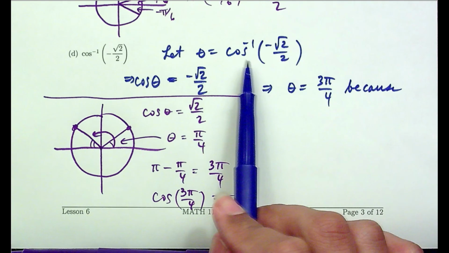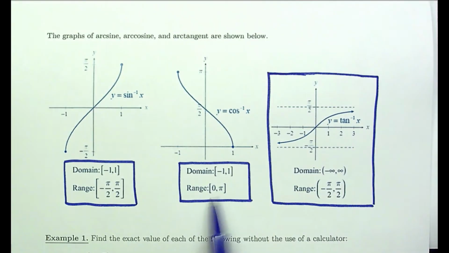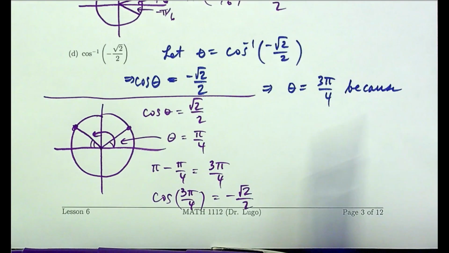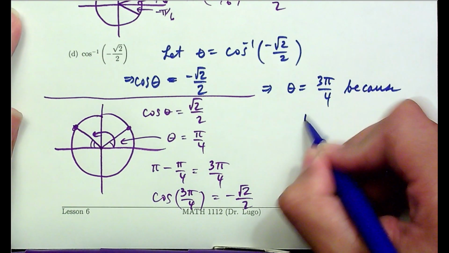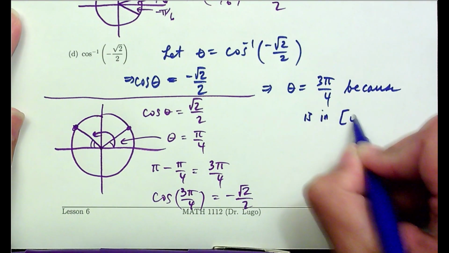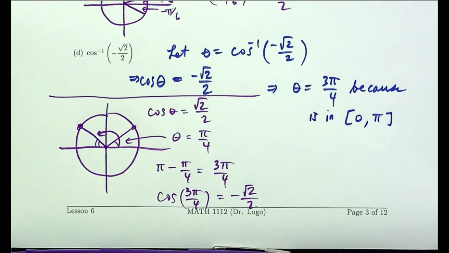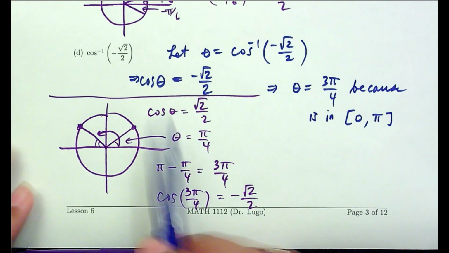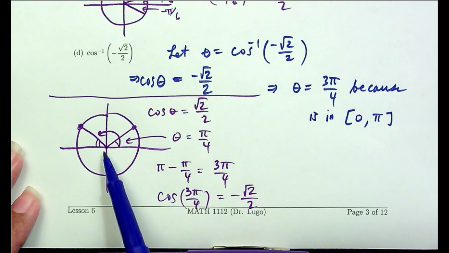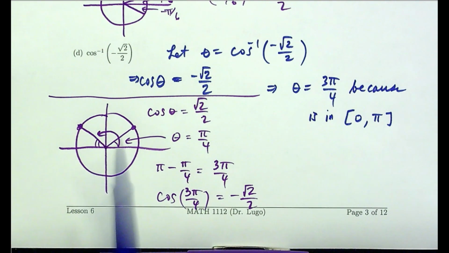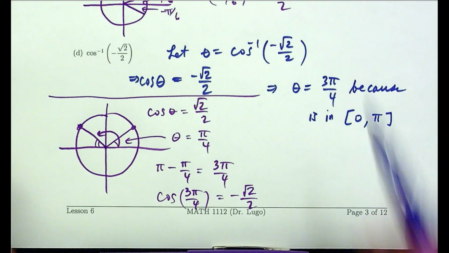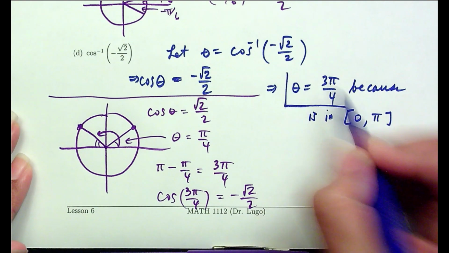The right place is between 0 and pi. And 3 pi over 4 is between 0 and pi. Okay, there's other angles whose cosine is negative square root of 2 over 2, for example, this one right here. But that's not in the right place. The reason this is the final answer is because it checks both boxes.